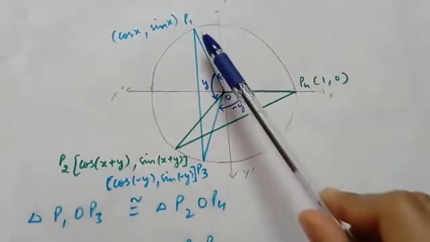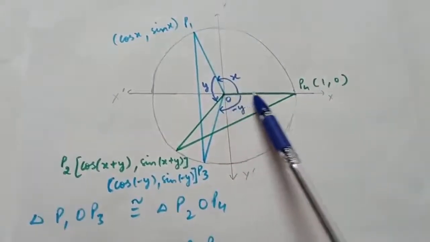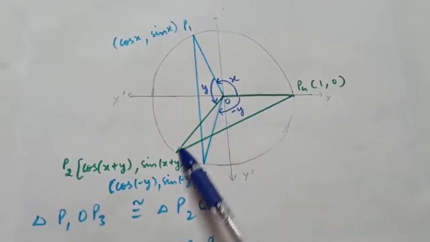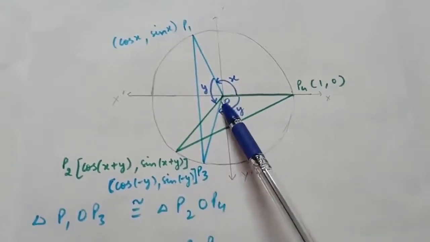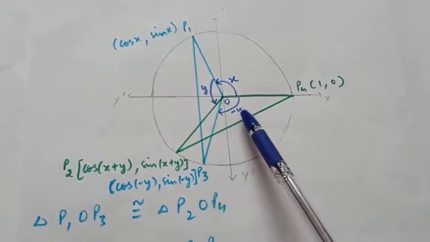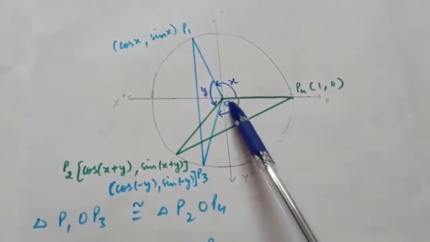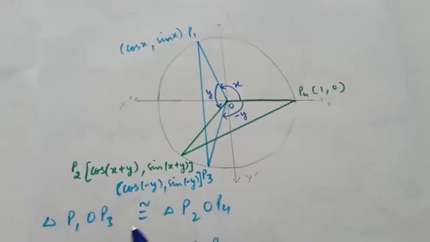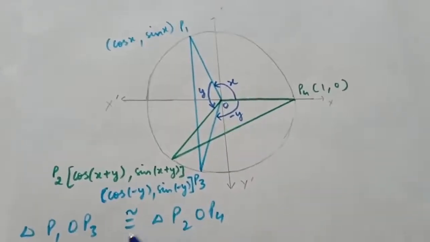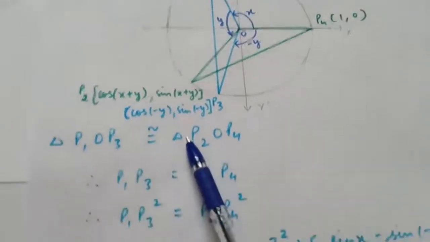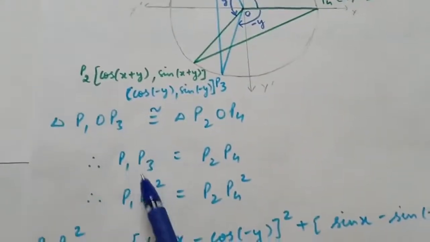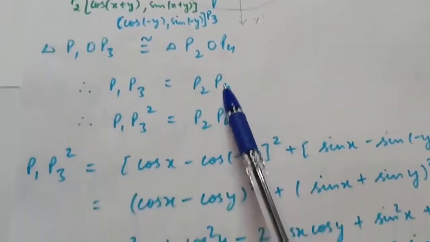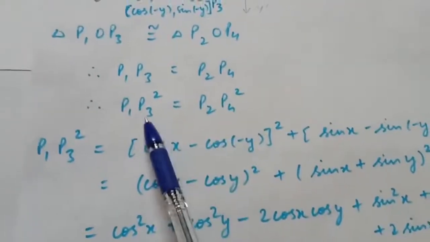Because P1O is equal to P2O, both are radius, and OP3 is equal to OP4, and also these two angles are equal. So these two triangles are congruent, and because they are congruent, we can say the distance P1 P3 is equal to P2 P4. So the squares of these two distances will also be equal.